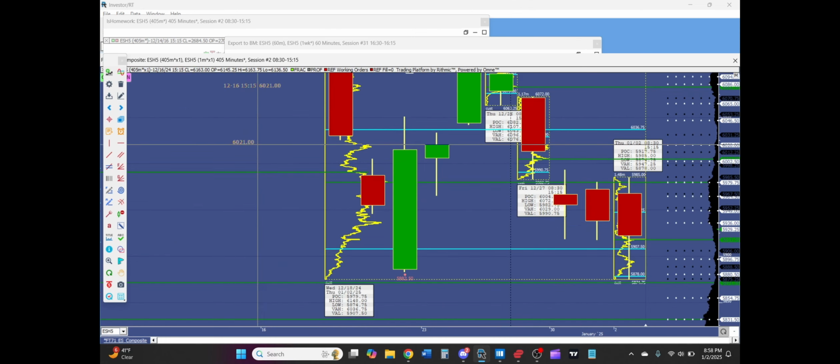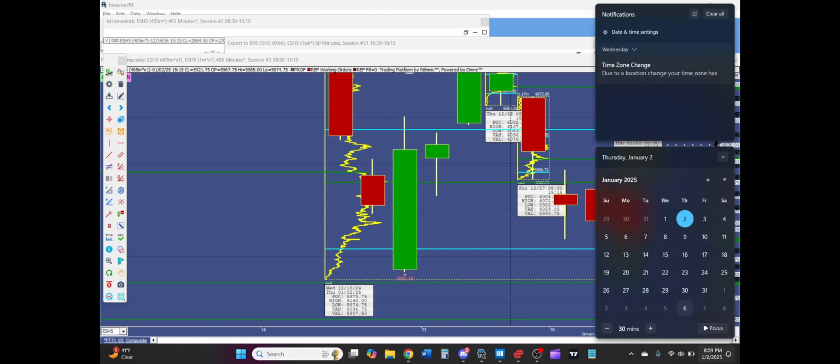Let's see, what else? I already set up for tomorrow, but this was today's trading day. So we opened higher from last week's opener. Was it last week? The 31st? Tuesday.